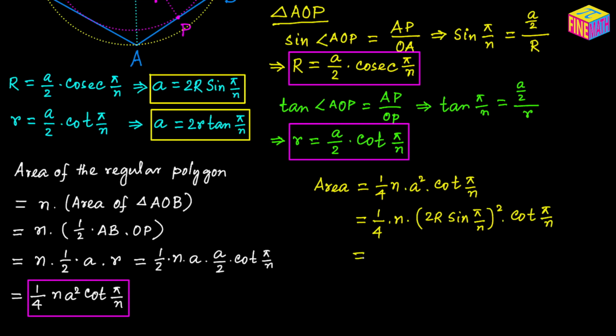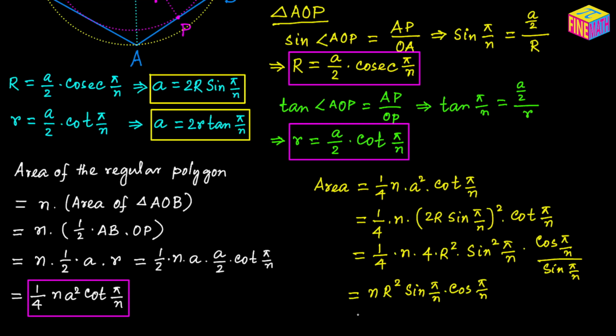From here we are going to get 1/4 times n times 4 times r squared times sine squared of pi over n times cotangent of pi over n, which can be written as cosine of pi over n over sine of pi over n. Here you see the sine of pi over n in the denominator will cancel one of the sines of pi over n in the numerator. So we are going to be left with n times r squared times sine of pi over n times cosine of pi over n.